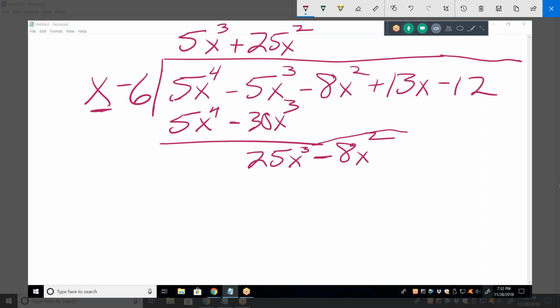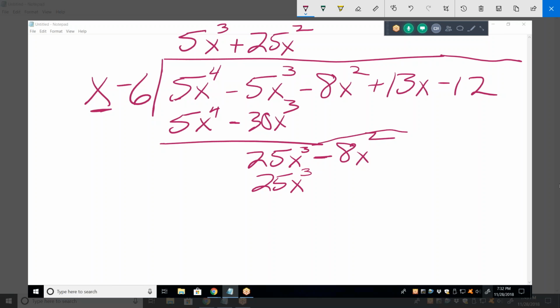It's got to be the same as the term above it. What you're doing is multiplying 25x squared times x. That's 25x cubed.